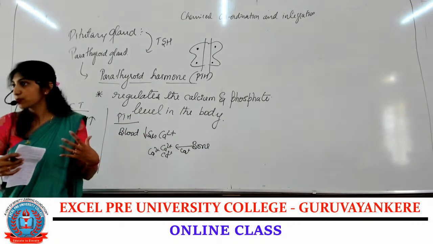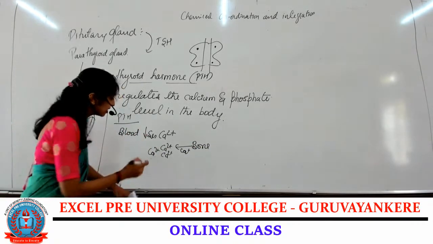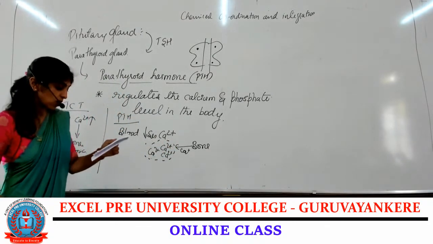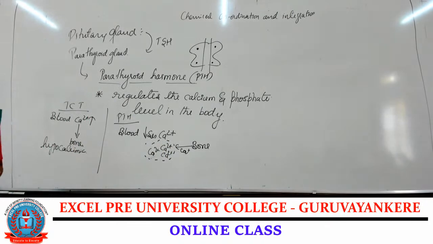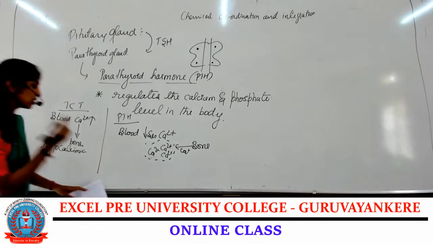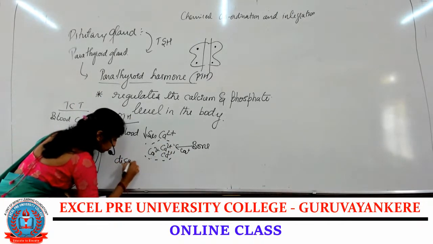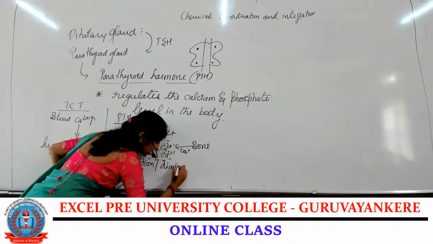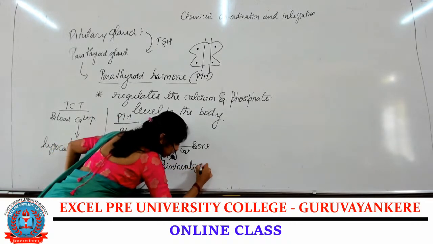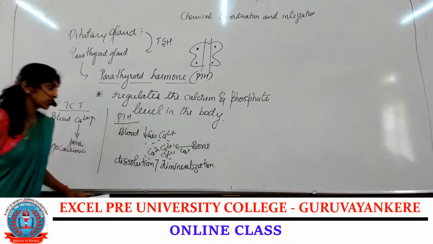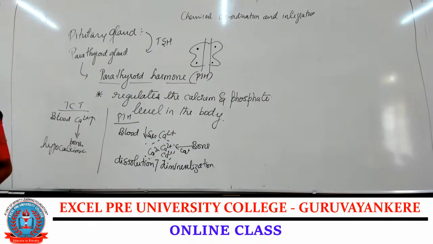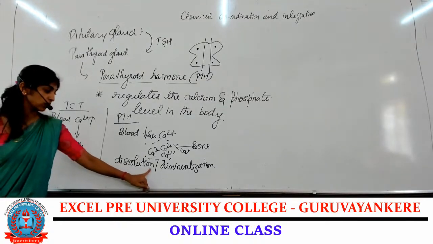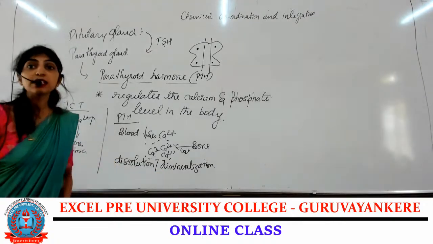The required amount of calcium is taken from the bone and secreted into the blood, and the process is called demineralization or dissolution. For 1 mark, they ask about demineralization. The main function of parathyroid hormone is dissolution, or demineralization.